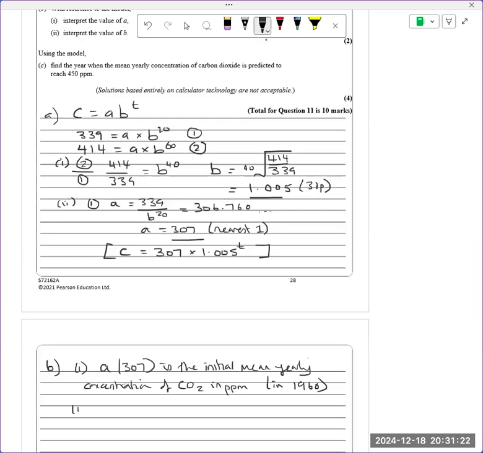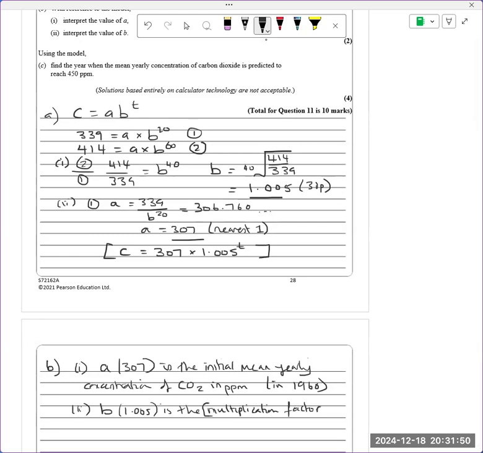Okay, now B is the one that was a bit controversial. B, which is 1.005, is the multiplication factor, or the scale factor. You've got to find a word.